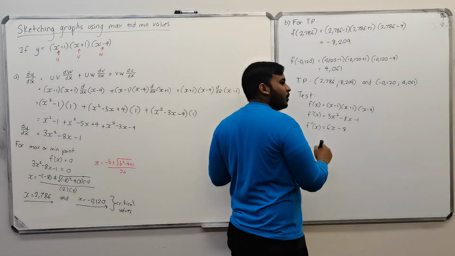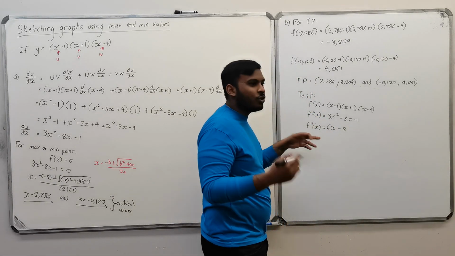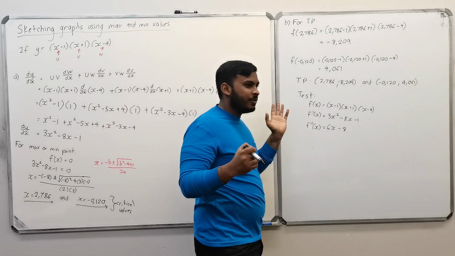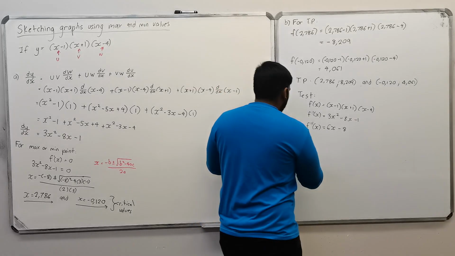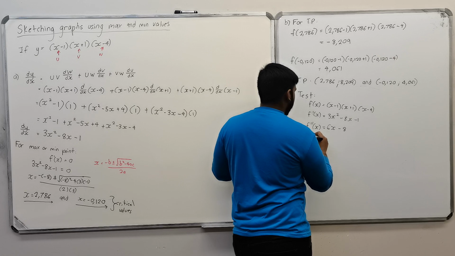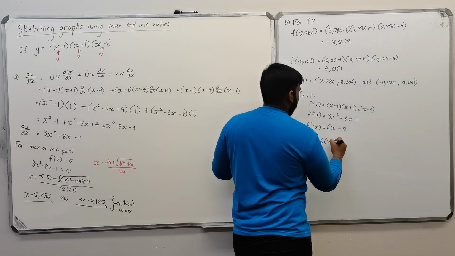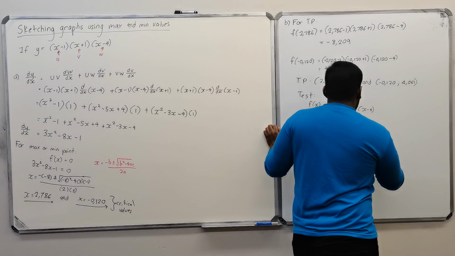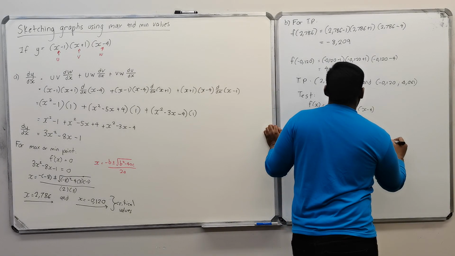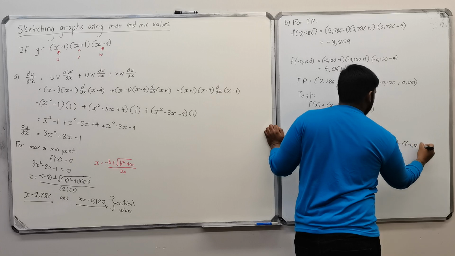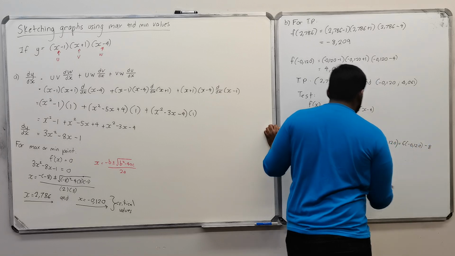So now I'm going to substitute my critical value into this to see whether the value is greater than 0 or less than 0. Okay, so your second derivative for your first critical value 2.786 is equal to 6 times 2.786 minus 8. And the second derivative for negative 0.120 is equal to 6 times negative 0.120 minus 8.